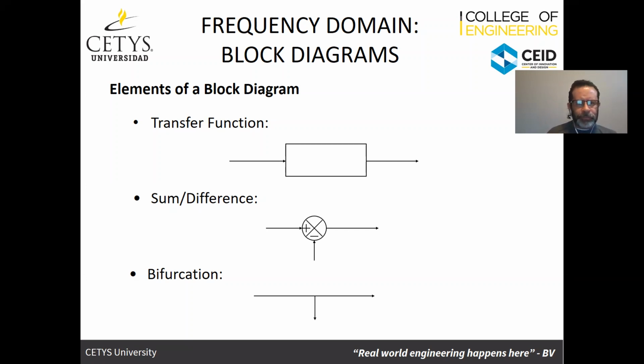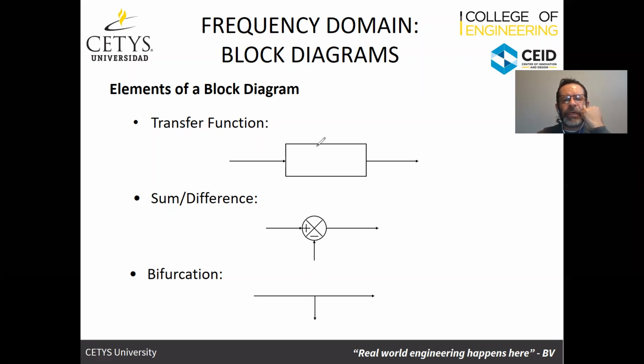And so how do we represent things with a block diagram? Well, first, the transfer functions are going to be these boxes in the block diagram, or blocks. And inside the box are going to be the transfer functions for the elements that we have in the system.